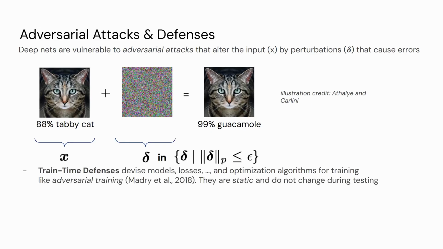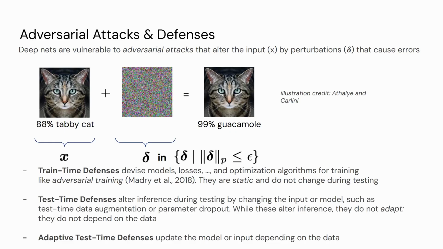So people have tried to fix this, but they often fix it by more training, right? Like, can we incorporate these kinds of perturbations into our training to then try to be more robust to them? So this can help, but of course, the attacks might change. We might have to retrain for that kind of attack, and this might take too long. There are other ways people try to do it, like at test time, maybe we add some noise, like augmentation or stochasticity.